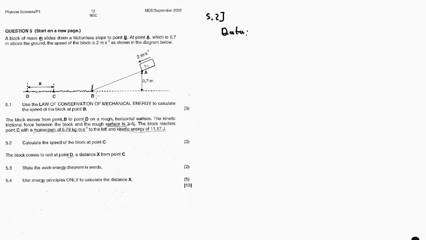Remember, the block is going from B to C. We have a velocity at B, calculated as 4.21 meters per second. We want VC, the velocity at point C. I'm given a momentum which is 5.79 kilogram meter per second to the left, and then the kinetic energy.